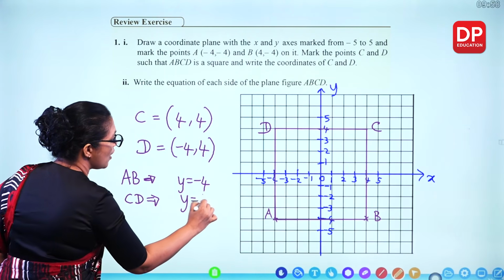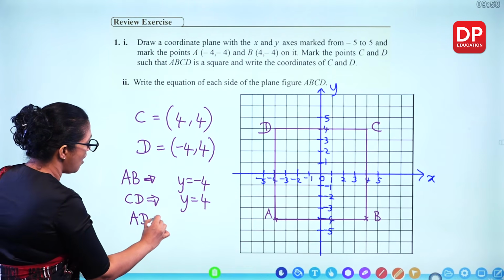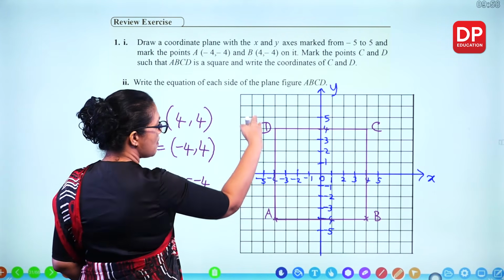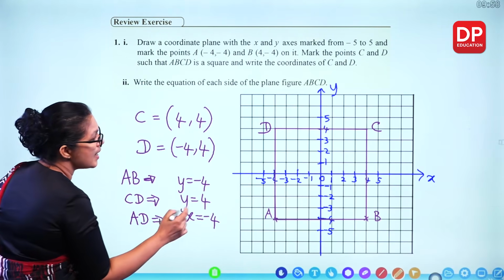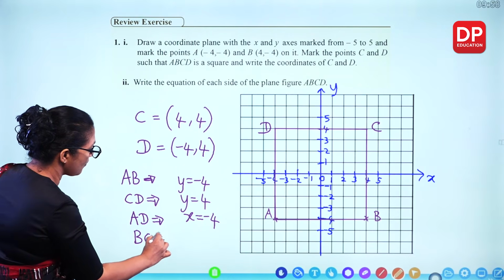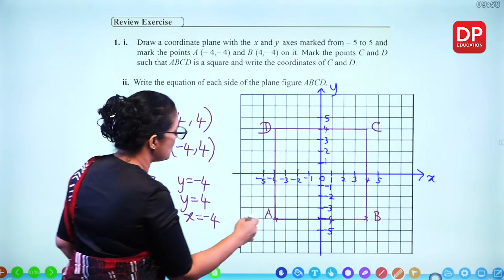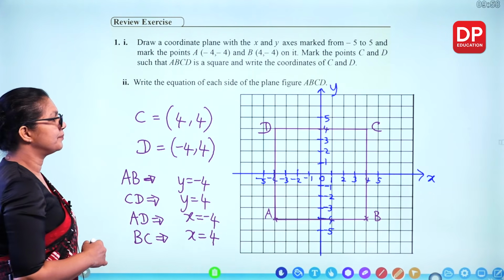So the line is y equals 4. AD is a vertical line, always x value is minus 4, x equals minus 4. And BC line, always x equals 4, you can write x equals 4 line.